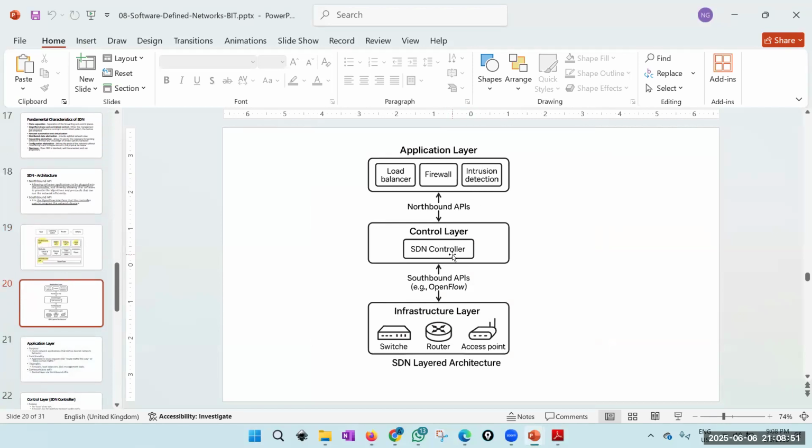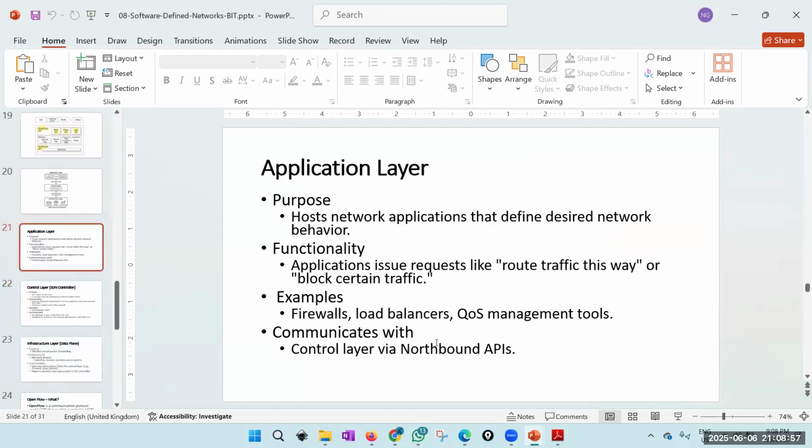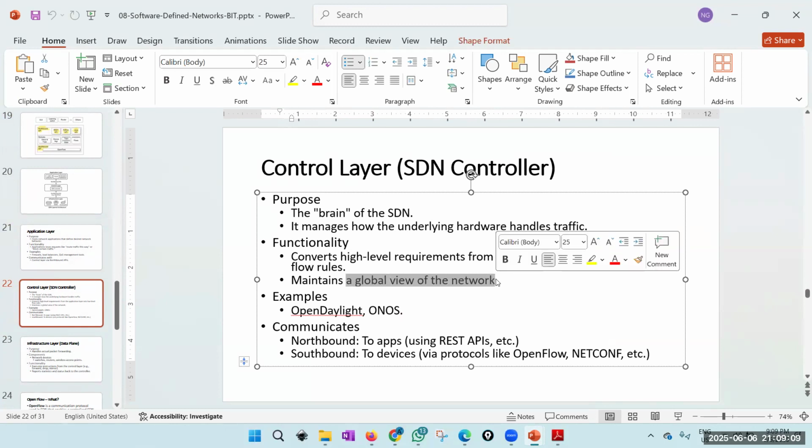Application layer, control layer. Then this is hardware. Application layer, different applications. Okay. Control layer, the brain of the SDN, manages how the underlying hardware handles traffic and maintains the global view of the network. So the global view of the network is maintained by the control layer.